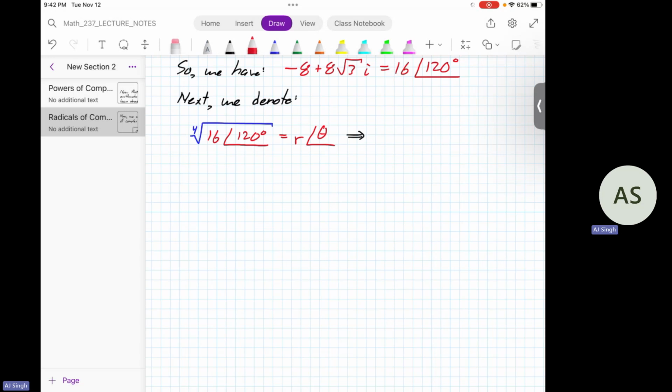I can move the index of 4 to the other side of the equation as an exponent, to the power 4 this time, not the index of 4. And using de Moivre's theorem, I get that. That's what I got. And now I can equate, right?